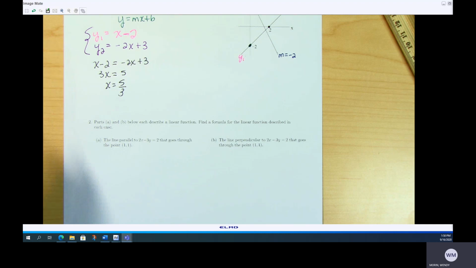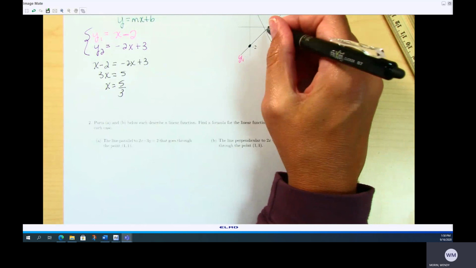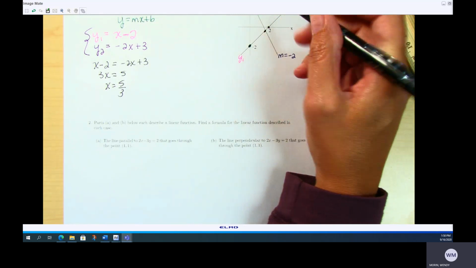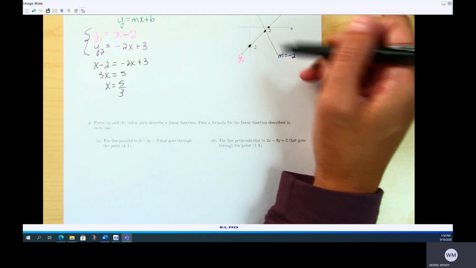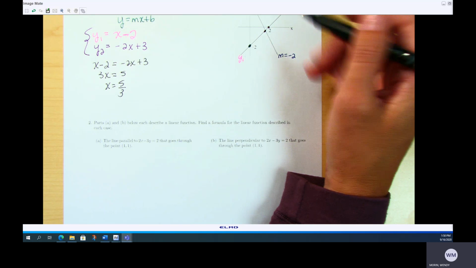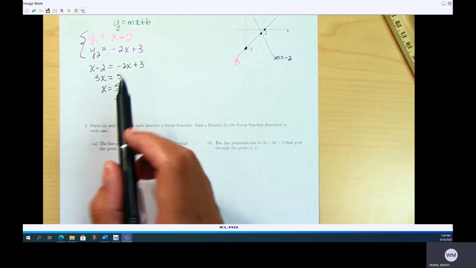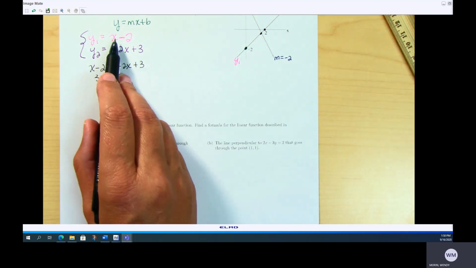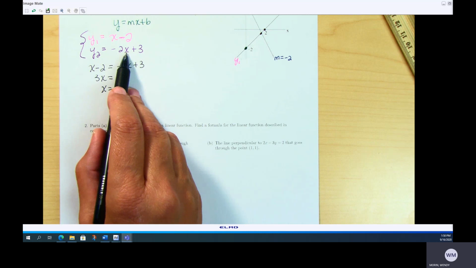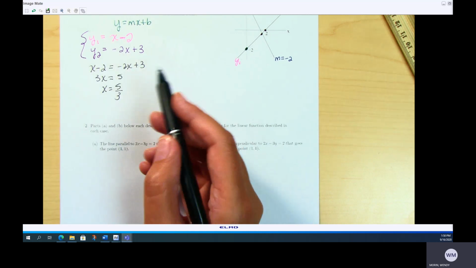So that is not the answer, that's the x value of this point right here. Is this 5/3 just a little bit less than 2? Yeah, sure is. But now we need the y value. So for the y value, you can substitute x into here or here, it doesn't matter. I'm going to use the first one.